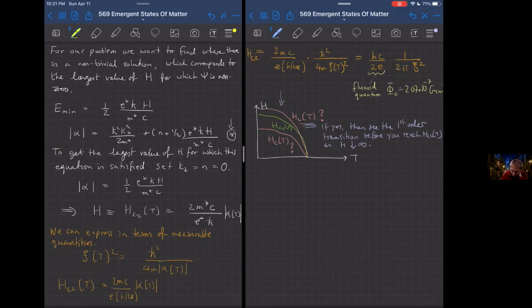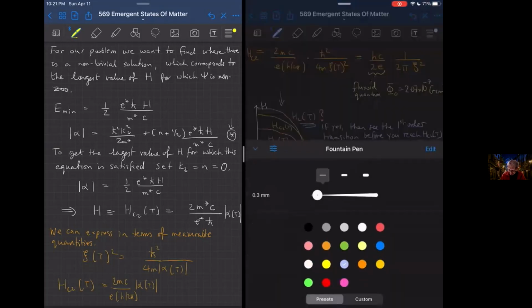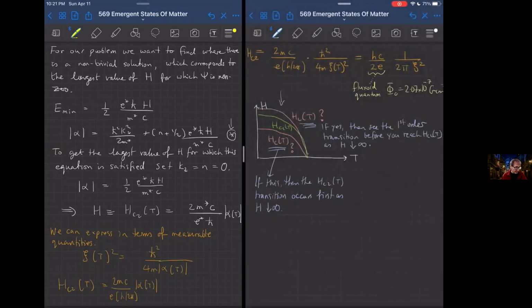If it is this one, then the Hc2 transition occurs first as you lower the field from an infinite value. So let's see if we can calculate whether it's above or below the thermodynamic critical field.